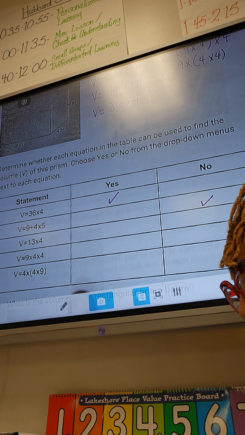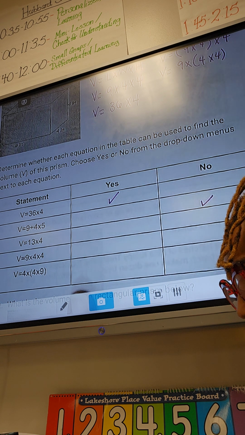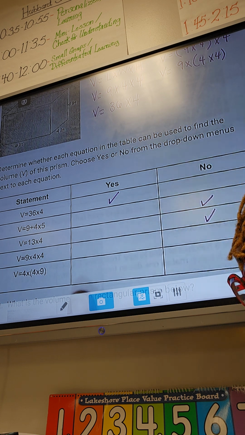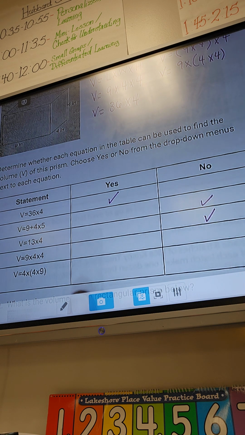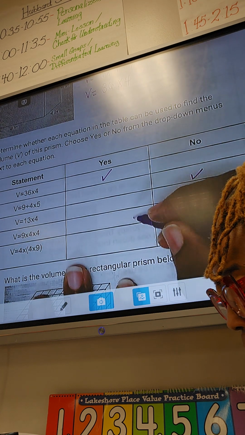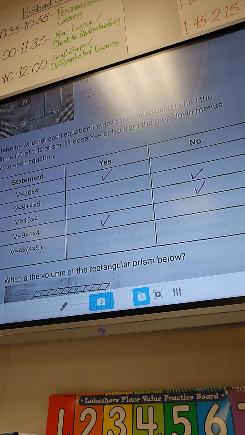Volume equals 13 times 4? No. Oh, okay. What about volume equals 9 times 4 times 4? Yes. And what about volume equals 4 times 9 in parentheses? Yes. Yes, very good.